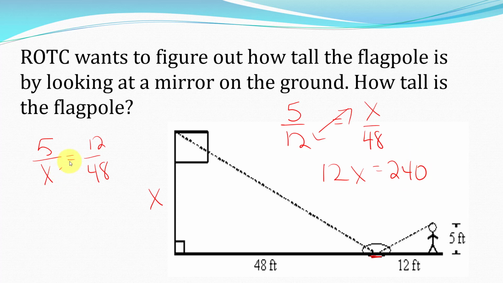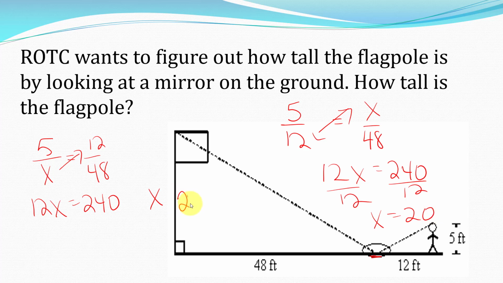When I cross multiply this, I'm going to get 12x equals 240. So as long as the proportional things are matched up, it's going to be okay. All right, finish this off. Divide by 12, and x equals 20. So the flagpole would be 20 feet tall.